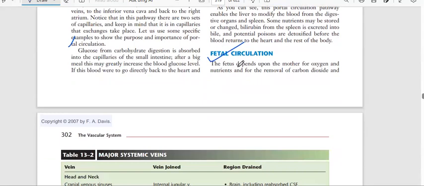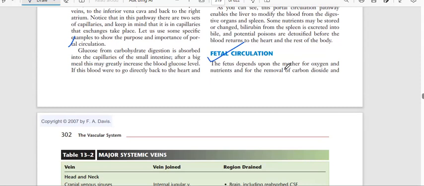Next, we have fetal circulation. The fetus means the baby before delivery, whatever is in the mother's uterus, in the mother's womb.